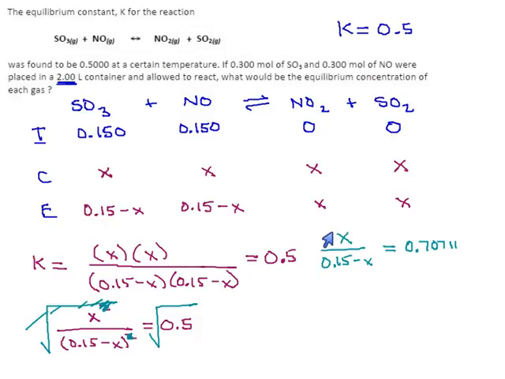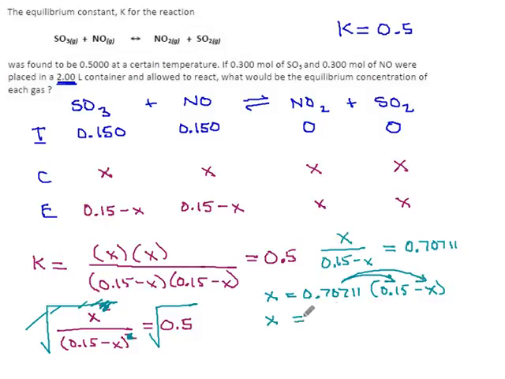Can we solve that for X? It takes a little algebra, but yeah, we can. We can multiply both sides by this denominator, 0.15 minus X. That gets us here. X equals 0.70711 times (0.15 minus X). Now this means the 0.70711 distributes through these brackets, so it's going to multiply both of these things.